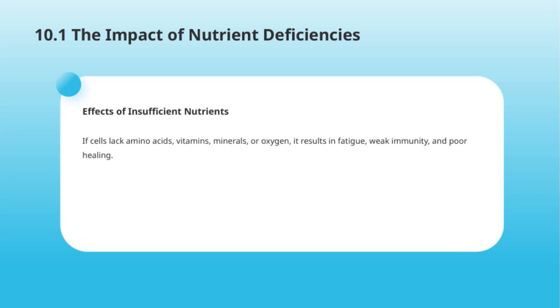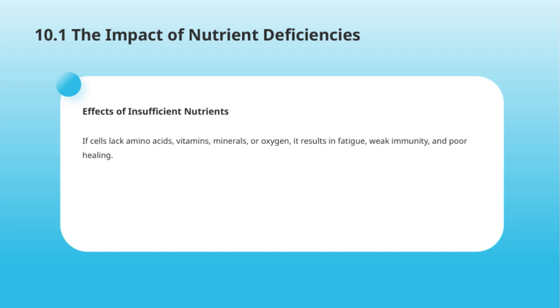When cells don't get enough amino acids, vitamins, minerals, or oxygen, it can really affect our health in several ways. You might notice increased fatigue because your body doesn't have the nutrients it needs to produce energy efficiently. Weak immunity is another common issue, making us more vulnerable to infections and illnesses.